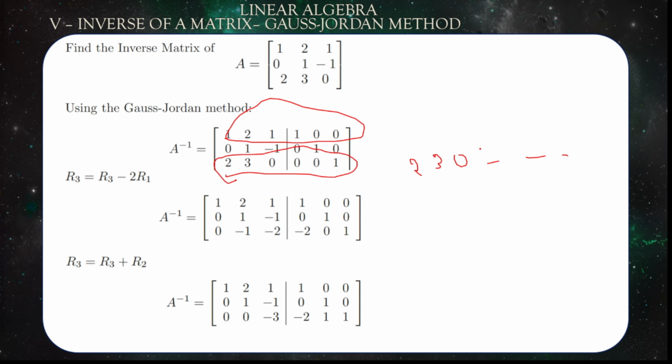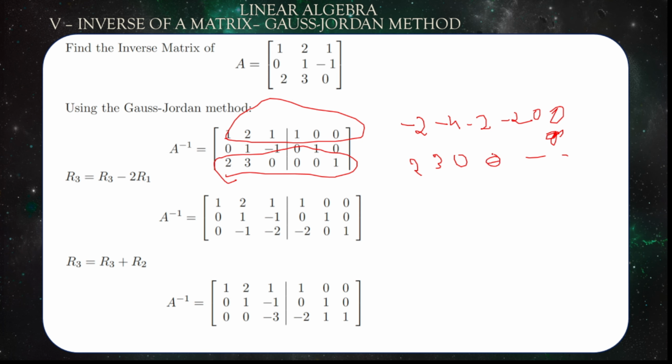I don't care about the other values. And minus 2 R1, which means minus 2 times 1, minus 2. Then minus 2 times 2, minus 4. Minus 2 times 1, minus 2. And minus 2 times 1, minus 2. The remaining values are 0. Okay, you have 0.